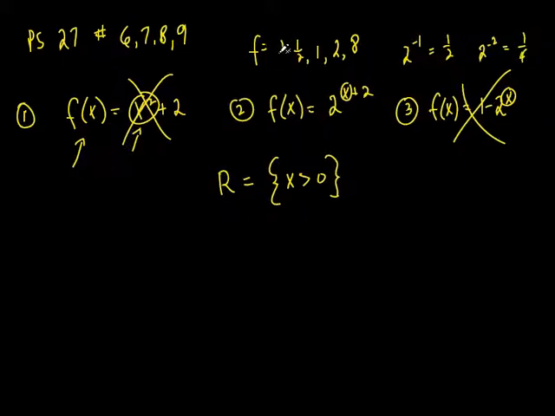Do you see that? Can I put a small enough negative where this answer will come out either to 0 or to a negative number? No, I can't. So guess what my answer is? My answer basically is all the positive numbers. You follow me?